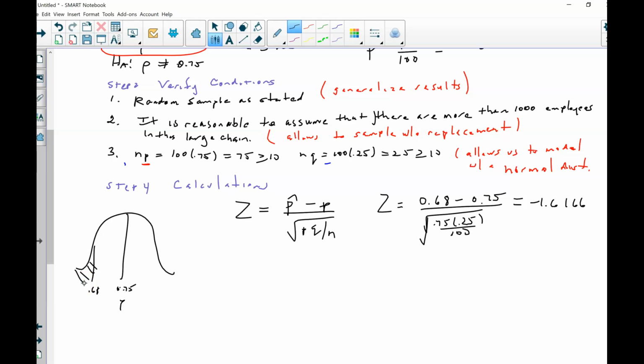So in the not equal case, you have to look at below, but then the equivalent if it's above, because when it's not equal, the person who created the study wasn't quite sure which direction the difference would go. So the z statistic was negative 1.6166.